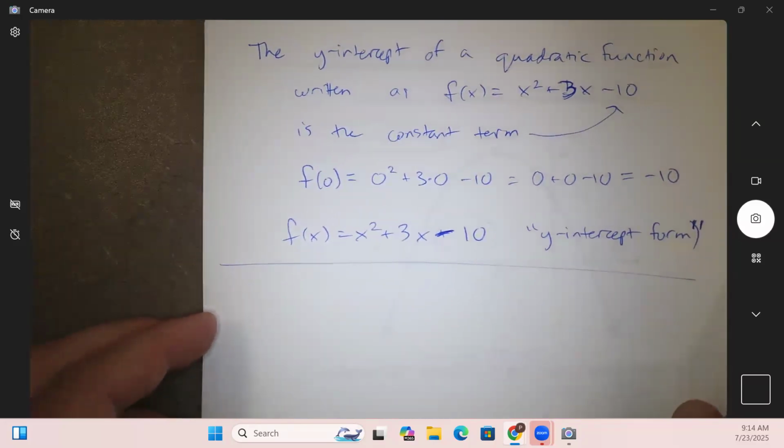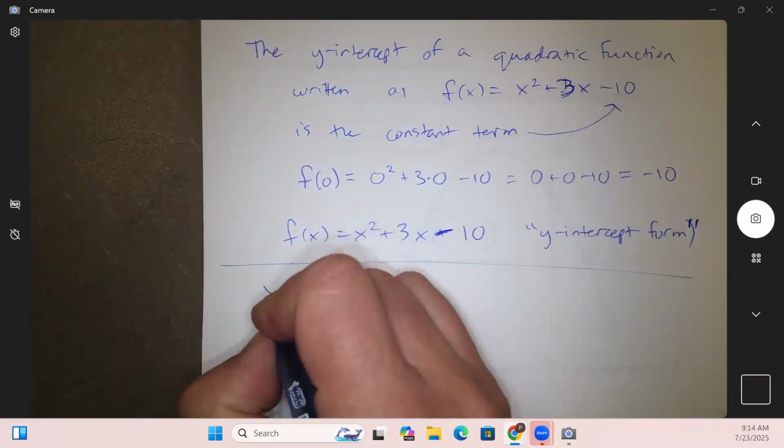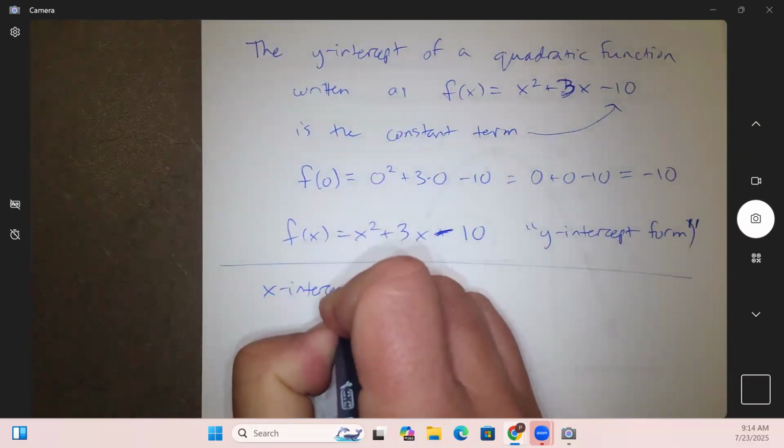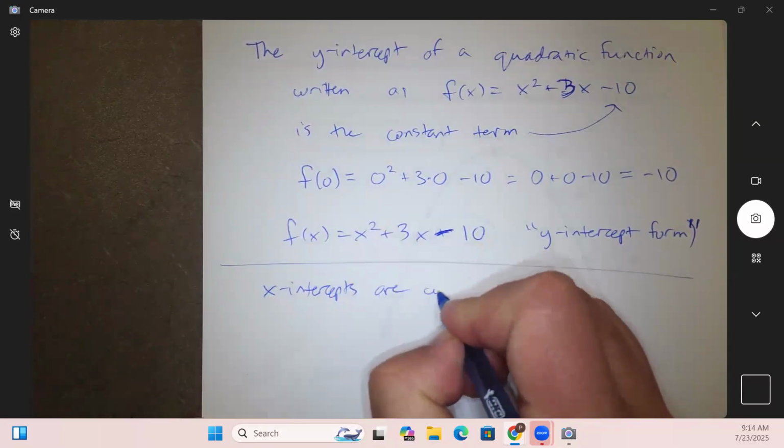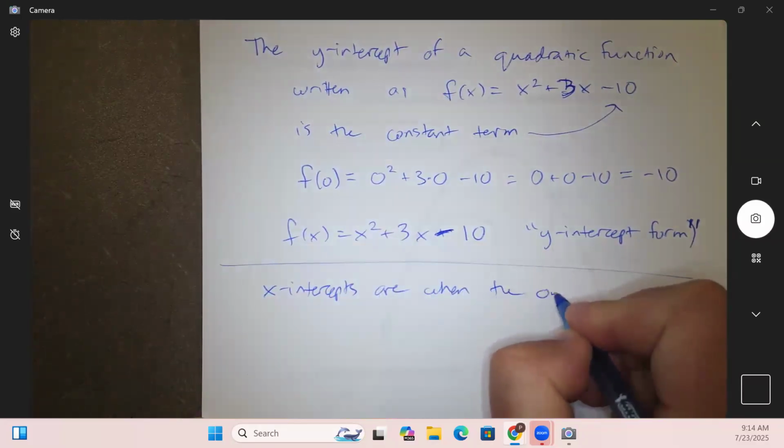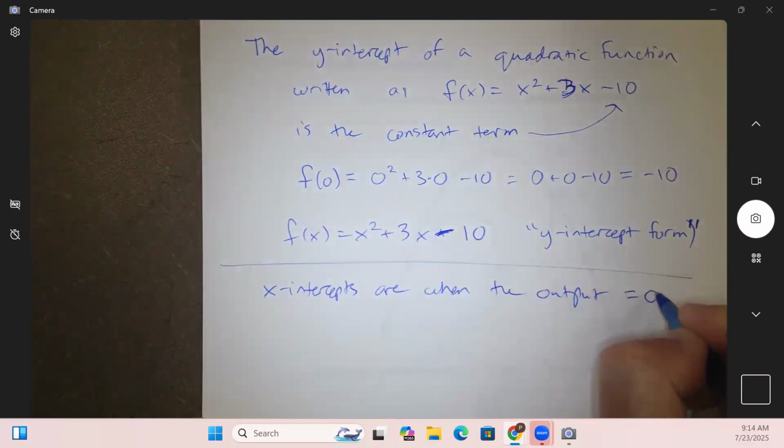I like those questions. Okay, how about x-intercepts? X-intercepts are when the output equals 0.